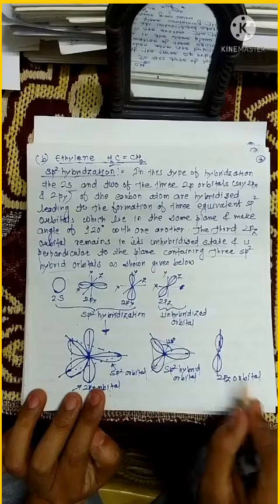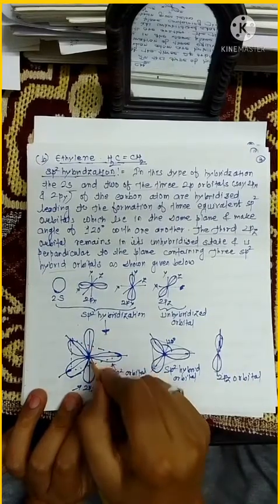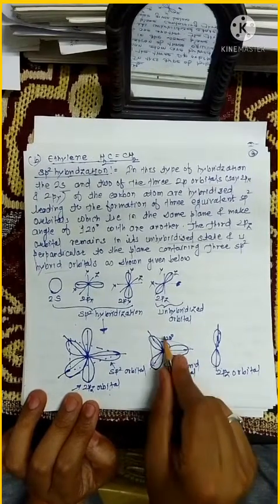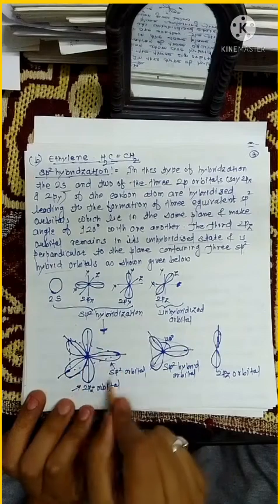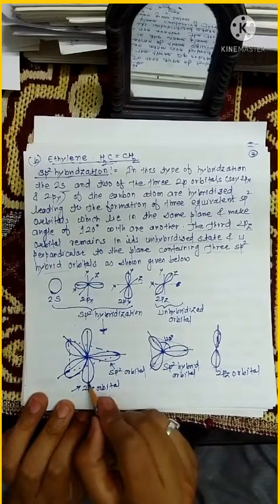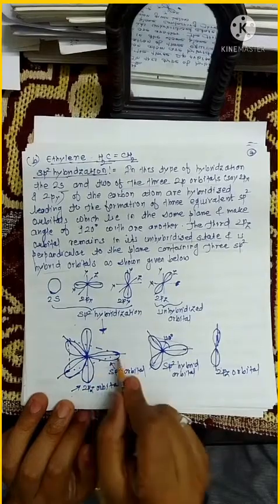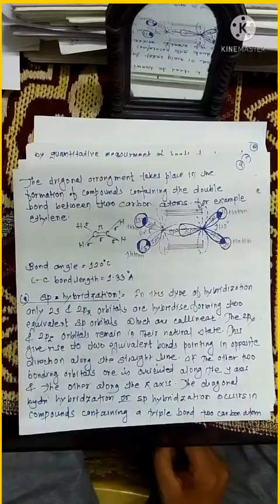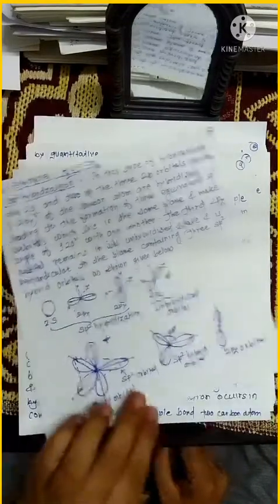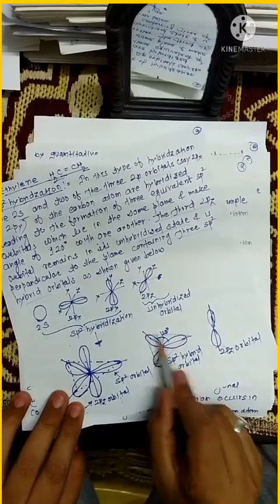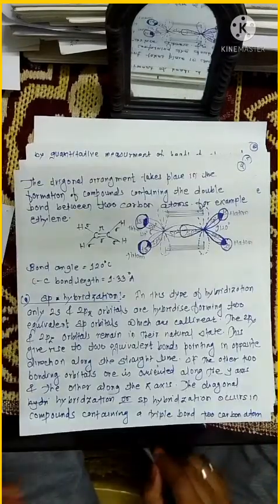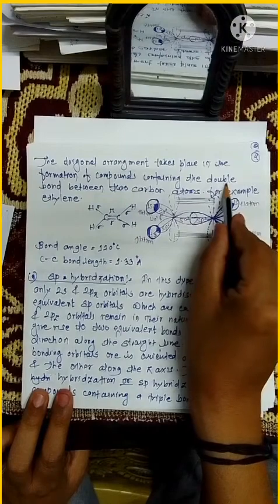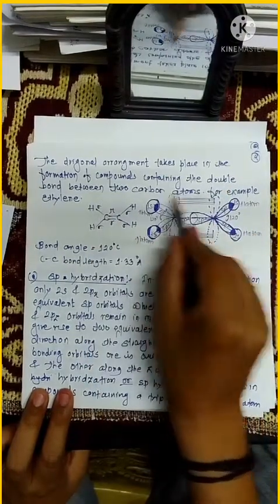Your 2pz orbital is basically perpendicular to these 3 hybrid orbitals. So this is the overall picture. It is the 2pz orbital which is unhybridized, and these are sp2 hybrid orbitals. This type of arrangement is known as trigonal arrangement. The trigonal arrangement takes place in the formation of compounds containing a double bond between 2 carbon atoms.